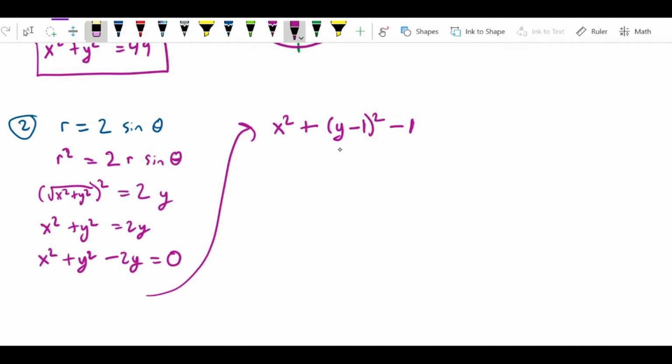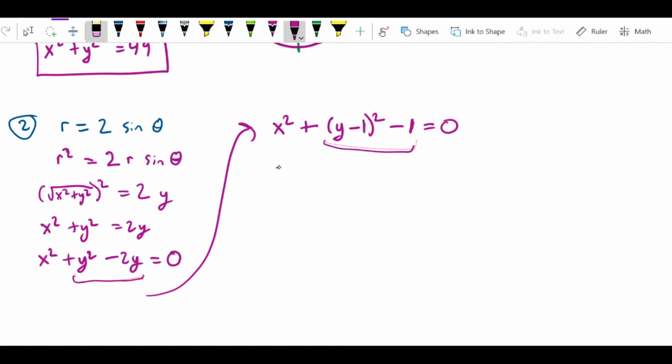You can verify yourself that y minus 1 squared minus 1 is in fact the same as y squared minus 2y. The point is that I can replace this with this. I still have to put in the equals 0 because it's still an equation, and having replaced this expression with this one, the whole thing should still equal 0.